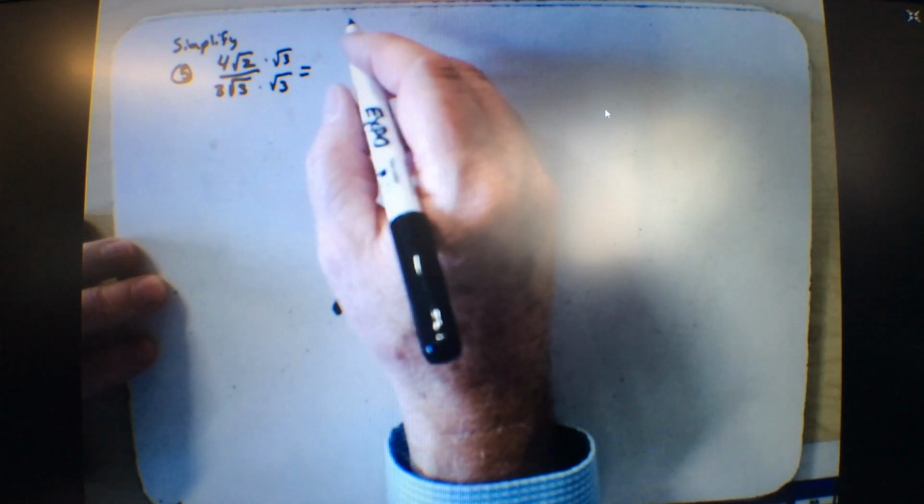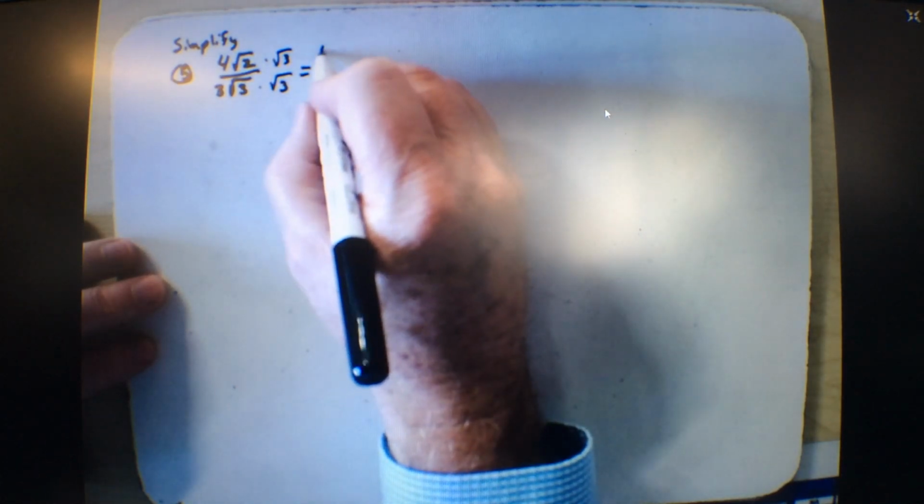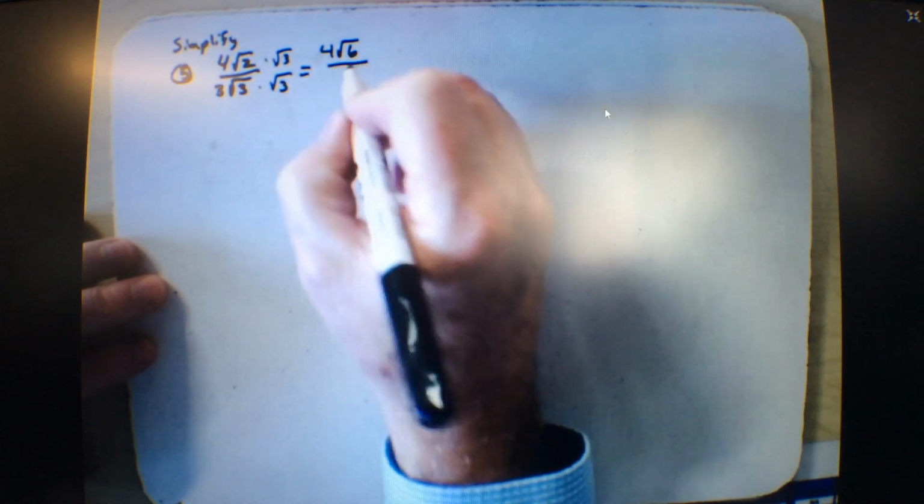Anybody? Caden. You take both the top and the bottom times the square root of 3. Thank you, Caden. Might want to learn that. What do I have on top then, Ryan? 4 square root 6. What do I have on bottom, Allie?